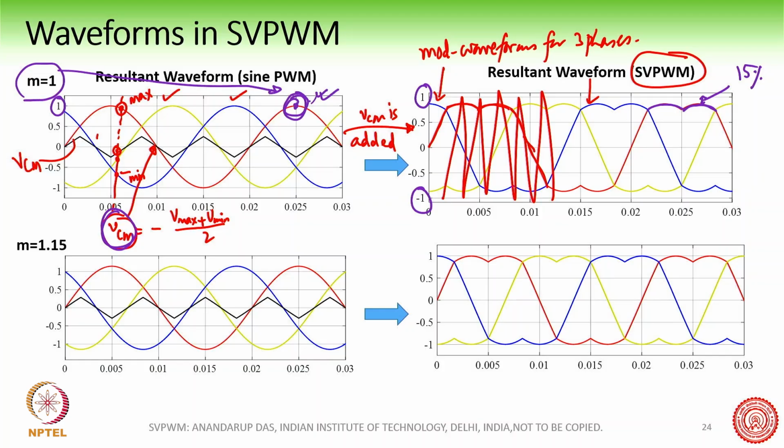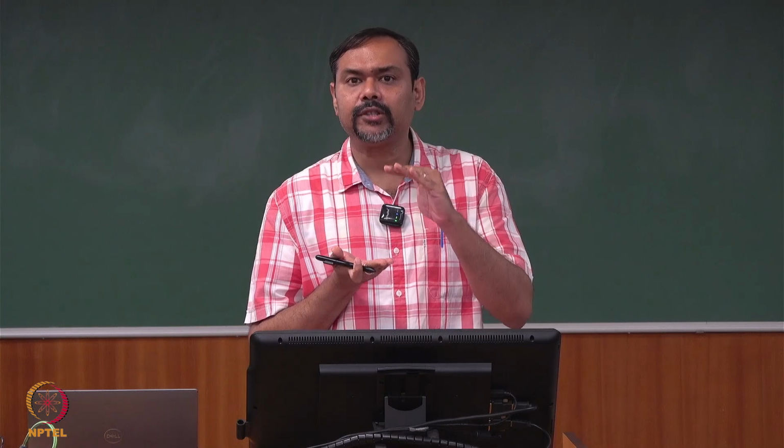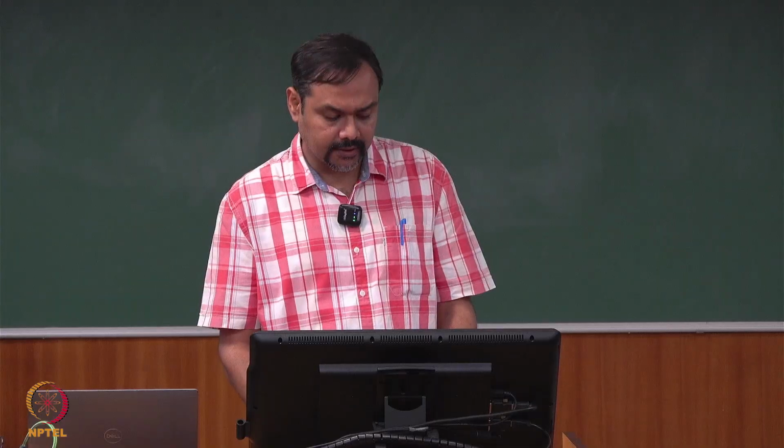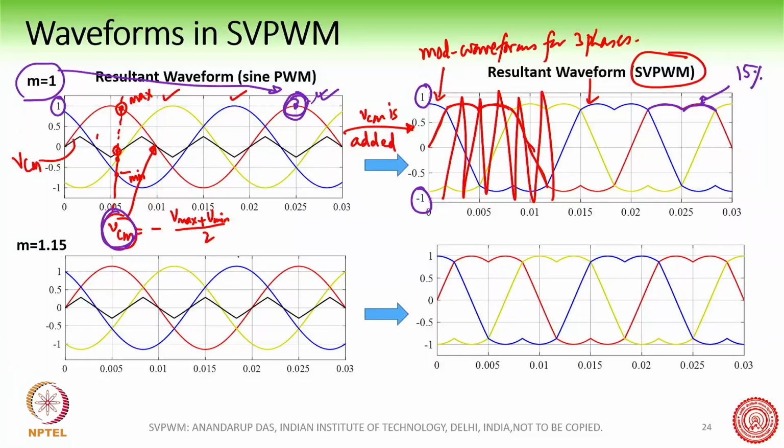Because of the addition of common mode voltage, the resultant waveform, which we are comparing with the triangle, has now gone down in amplitude, and so it is now possible for us to increase the value of m to 1.15, as you can see here. Now m is increased to 1.15.